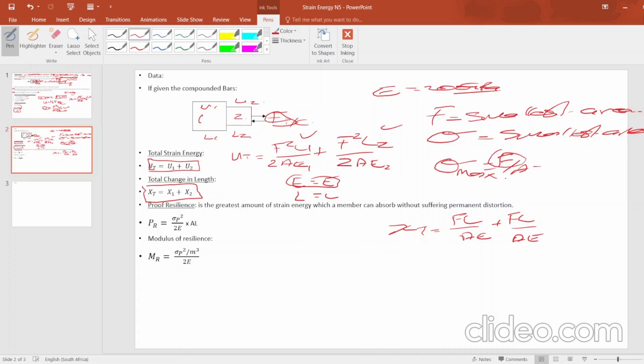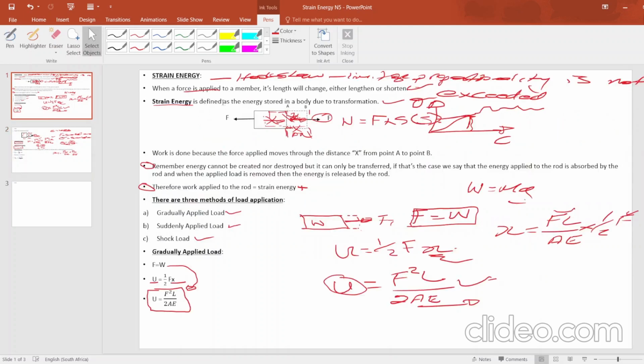Why are we using the same formula in calculating the strain as in calculating the change in length? Remember the definition of strain: energy stored in a body due to transformation. And what is transformation? Transformation is the change.